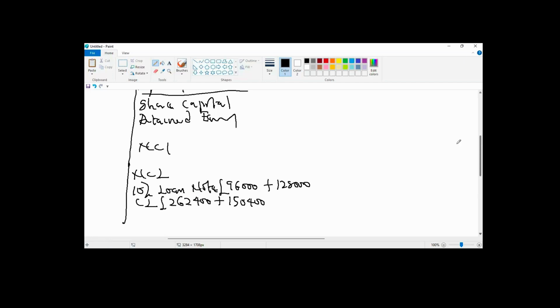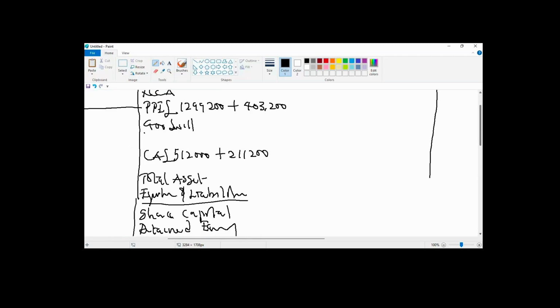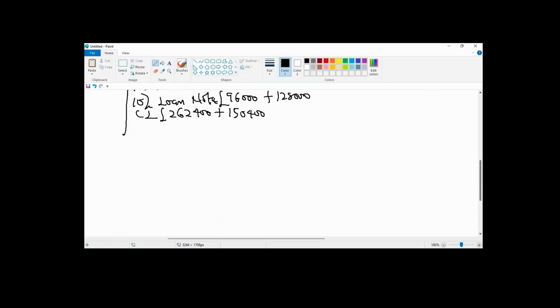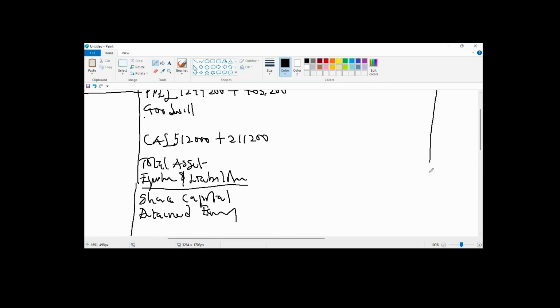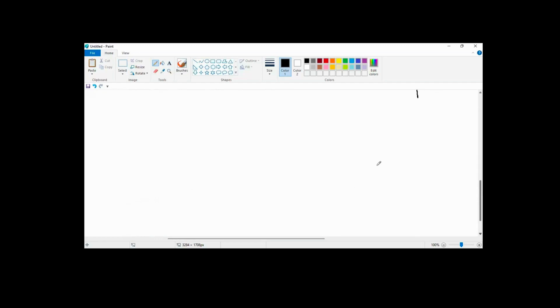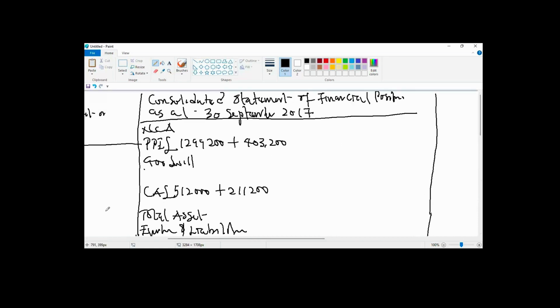To balance these accounts in the exam, what do I need?